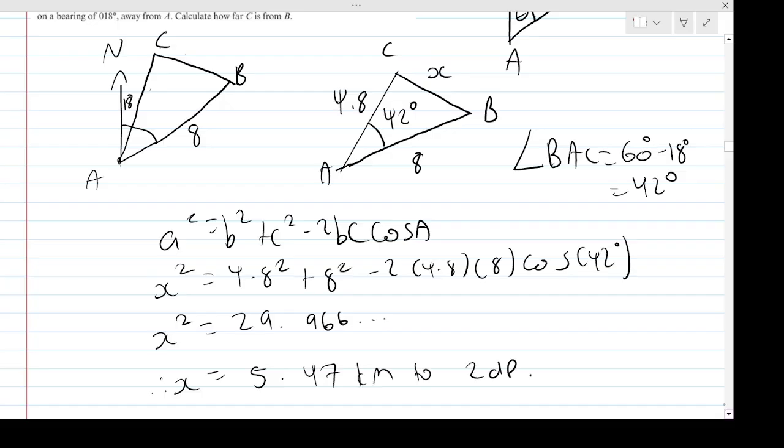And there we are. So that's how far C is from B. That's this length there.